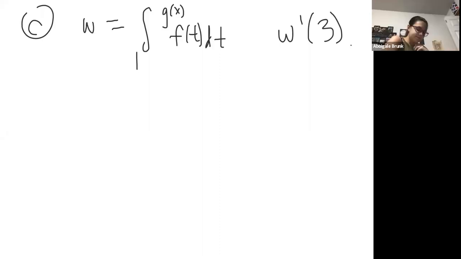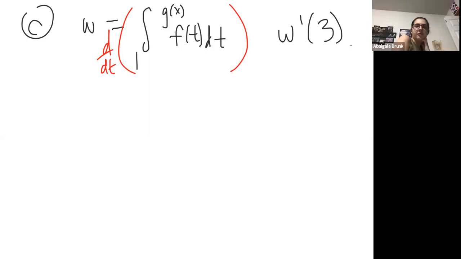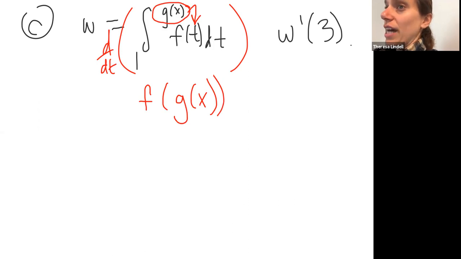Mm-hmm. But what happens if you take the derivative? Because they're saying take the derivative of this. What happens if you take the derivative of the integral? The integral goes away. You just have the f of t. Right, but remember, you've got to plug in whatever this is. Yeah, that's what I was thinking about. I wasn't sure. You got to plug in f, and you got to plug in the g, and then what do you actually have to attach still?